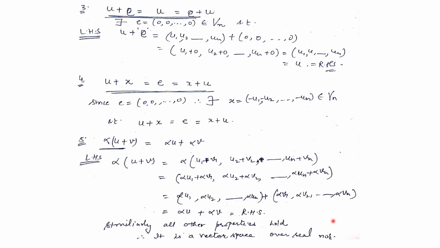Now why are we saying over a set of real numbers? Over a set of real numbers means these scalars are real numbers. If we choose these scalars to be rational numbers or complex numbers, then we will say it is a vector space over rationals or over complex numbers. But in general, we will choose alpha to be real. So we take this vector space over the real numbers.